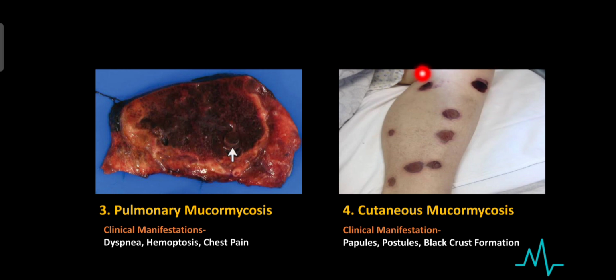As you can see, this is multifocal, and this particular type is called multifocal cutaneous mucormycosis. The clinical manifestations are papules, pustules, and black crust formation in the cutaneous tissue.